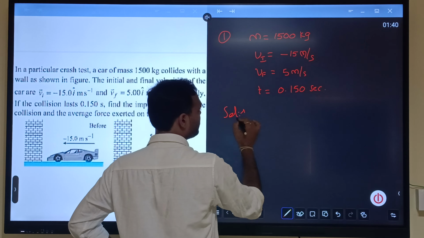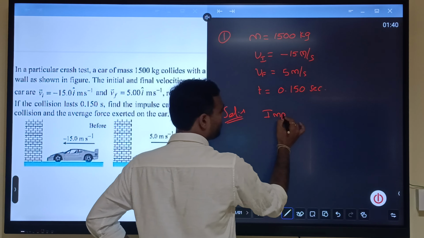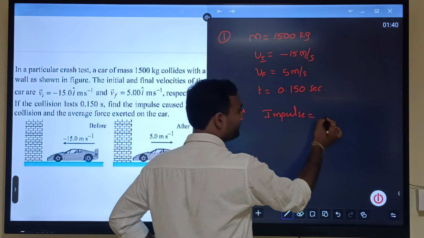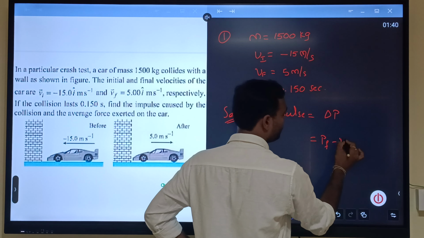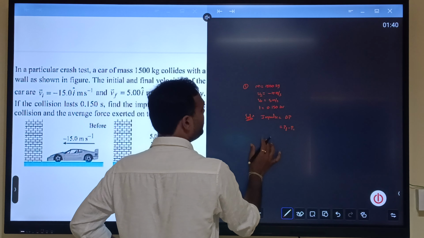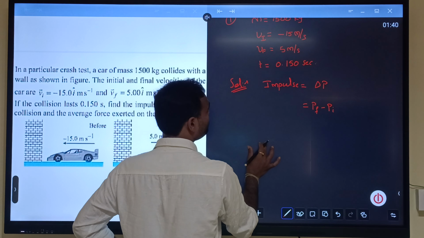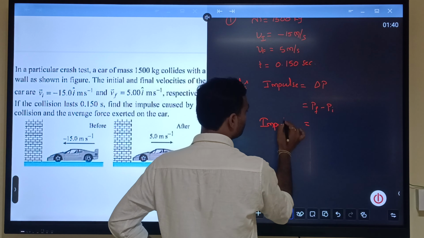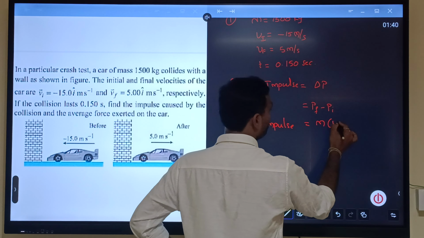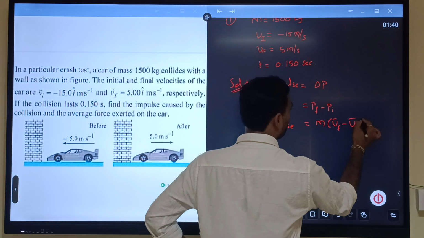Now they are asking us what the impulse is, and just now we have seen that impulse is equal to change in momentum, that is Pf minus Pi. So can I solve now? Impulse is equal to m times Vf minus Vi.